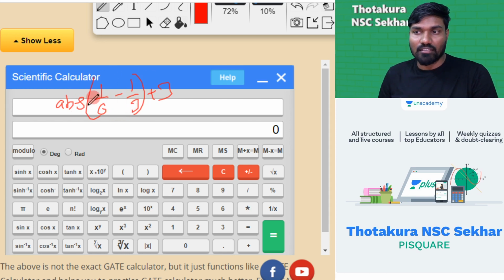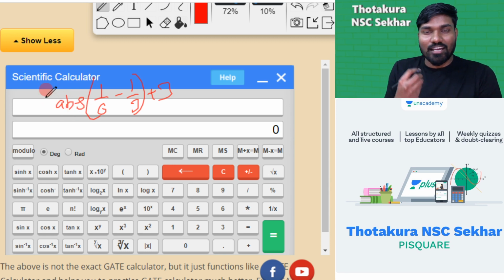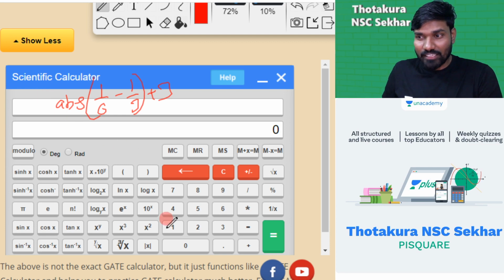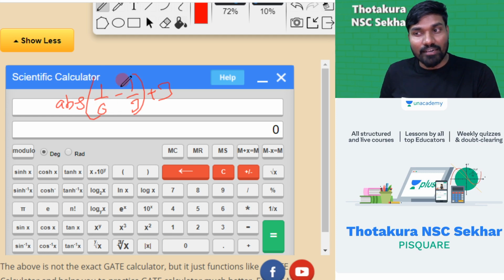How do you perform this? What does ABS mean? Absolute. As engineers, our ABS is different, not anti-braking system. In mathematics, absolute means that even though you got a negative value, it will take it as a positive value.